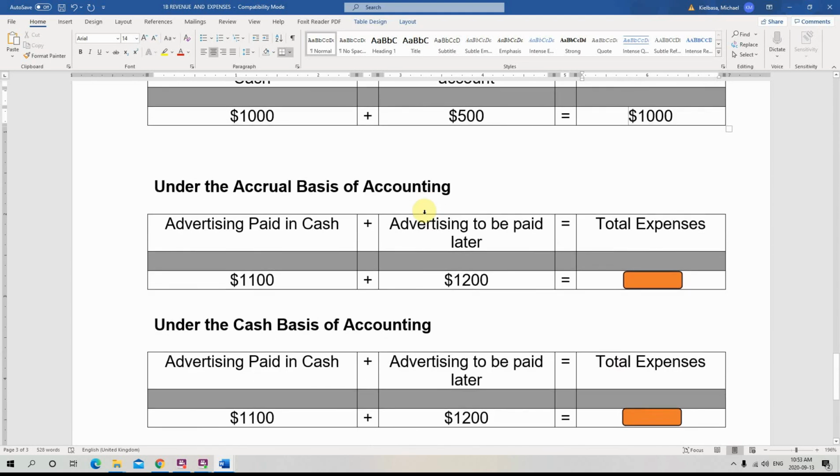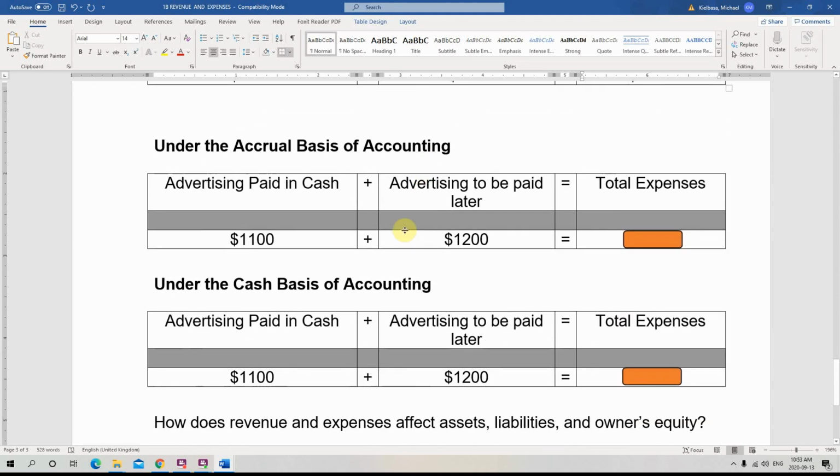Now, let's try expenses. Under the accrual basis of accounting, it's an expense when the cost is incurred or the cost is generated or the bill is received, not necessarily when the cash is paid. So, under the accrual basis of accounting, is this an expense? Yes, because the cost was incurred. Is this an expense? Yes, because the cost was incurred. It doesn't matter whether we paid it or not.